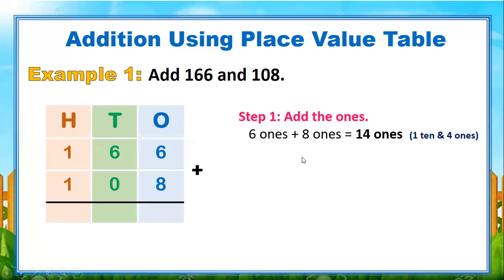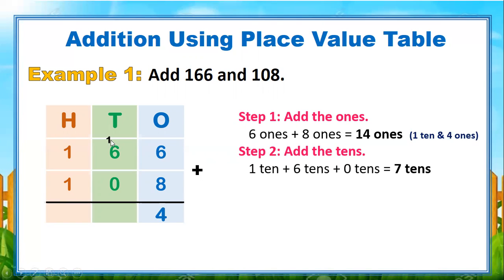As you can see, 14 ones should be regrouped. 14 ones is equal to 1 ten and 4 ones. So we need to move 1 ten to the tens column. That's why we put a carried 1 here. Second step, we add the digits in the tens place.